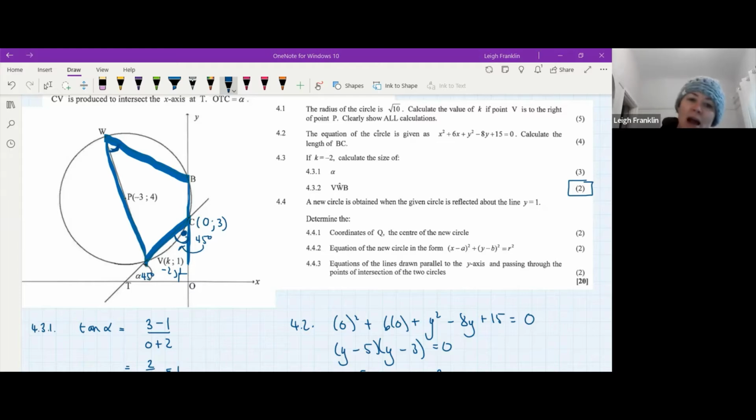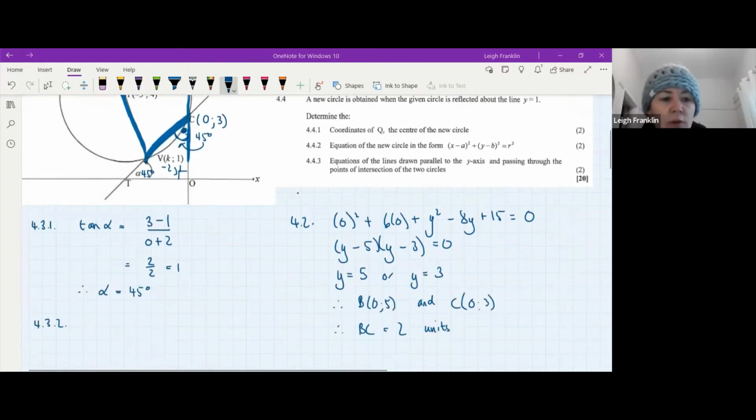So can you see now how, like I was trying to say in class the other day, these properties of cyclic quads and quadrilaterals and all that kind of stuff come into our analytical geometry. So this would be considered a level 3 or complex type of question. Okay, so now here, what do we need to say? Well, first of all, we need to explain why VCO is equal to 45.